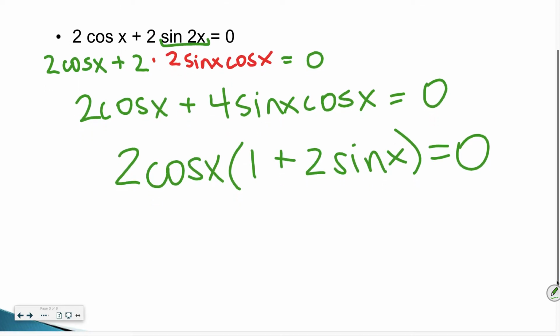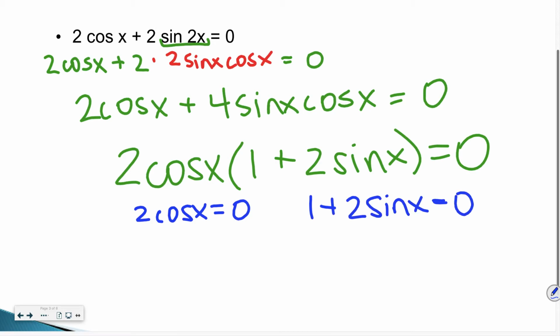Now this looks like something that you did on your quiz like 5 minutes ago, right? We can set 2 cosine of x equal to 0, and we can set 1 plus 2 sine of x equal to 0. Okay? Now I will warn you that in your homework, the instructions will be similar to the back side of our blue sheet.